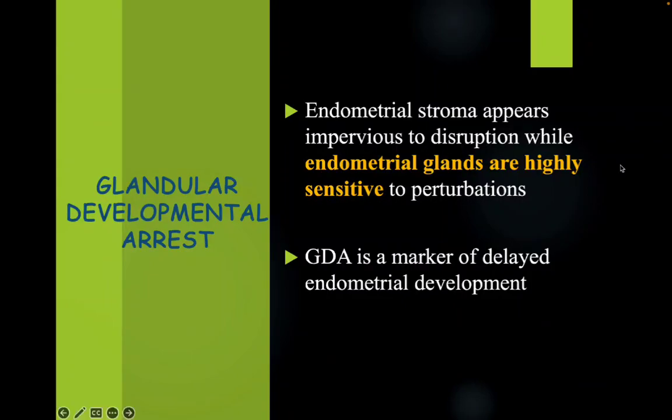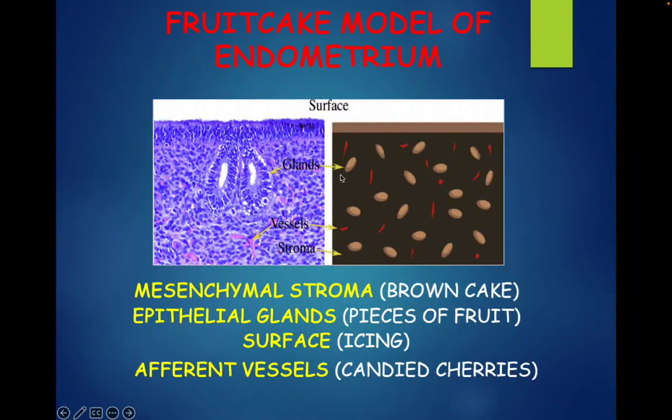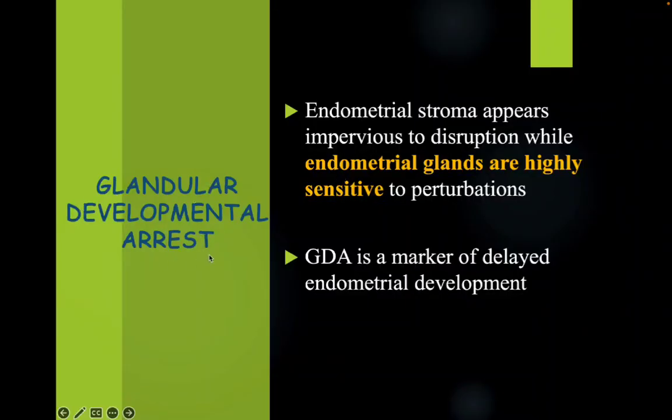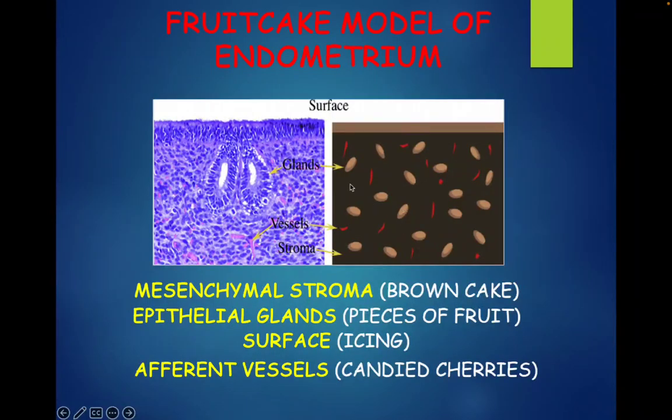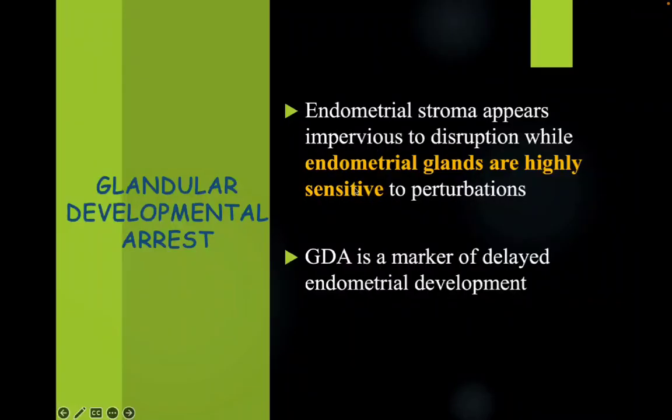Now that we have understood the structure, you will be able to understand what glandular developmental arrest is. The endometrial stroma, the brown cake, and the glands: the part more prone to damage is the endometrial glands. The endometrial stroma appears impervious to disruption, while the endometrial glands are highly sensitive to perturbations.